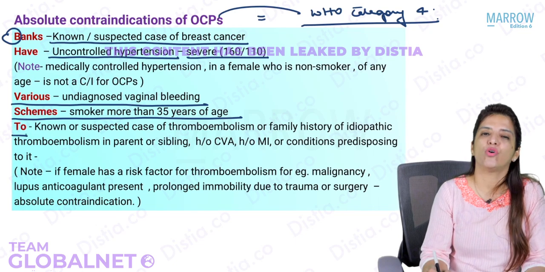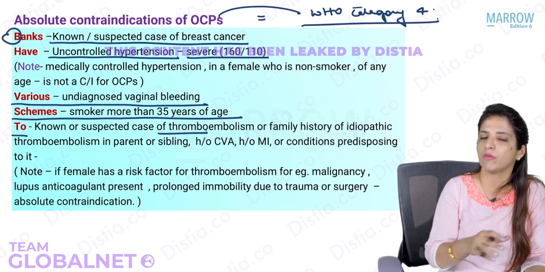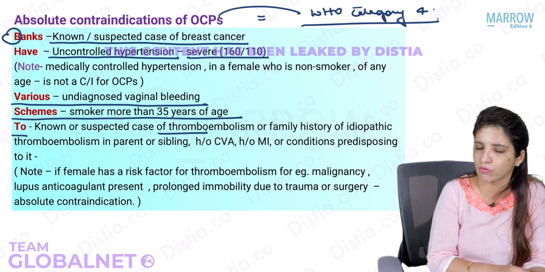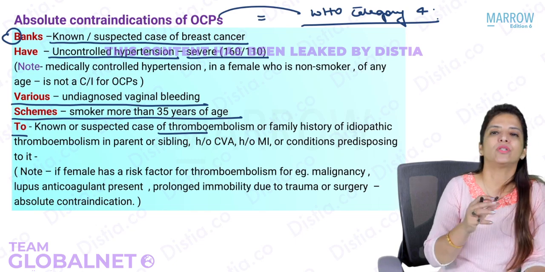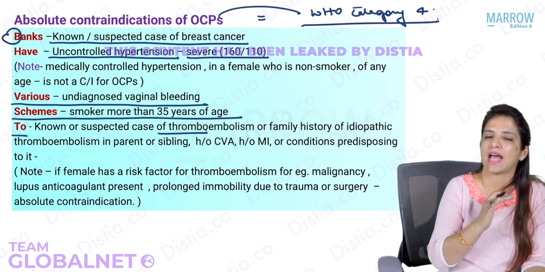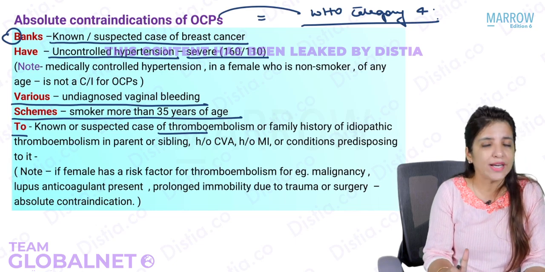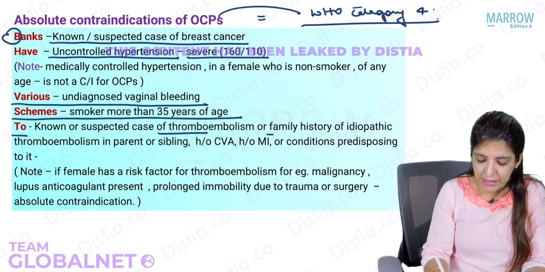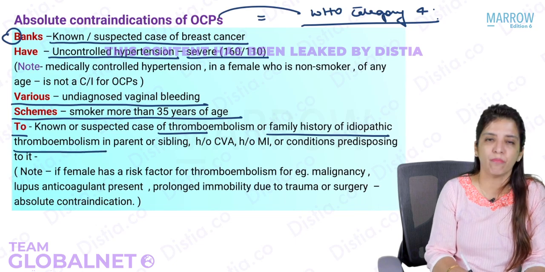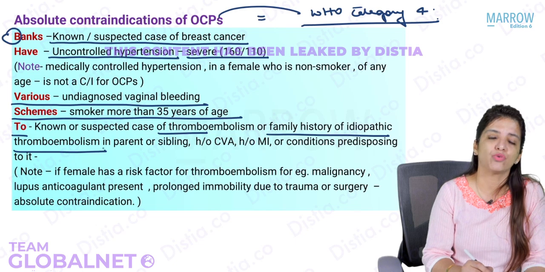Then T stands for known or suspected case of thromboembolism. So if your patient is a known or suspected case of thromboembolism, because you know that the estrogen component increases the clotting factors, that is why it's absolutely contraindicated. Not only this, if there is family history of idiopathic thromboembolism in parent or sibling, then also it's an absolute contraindication.